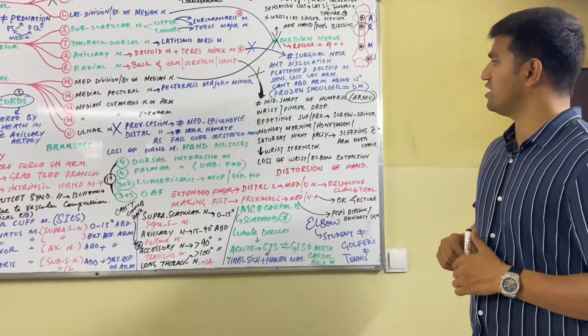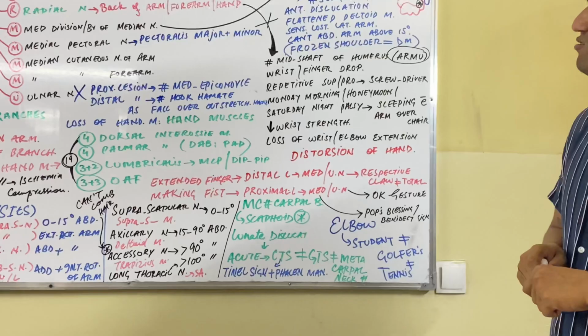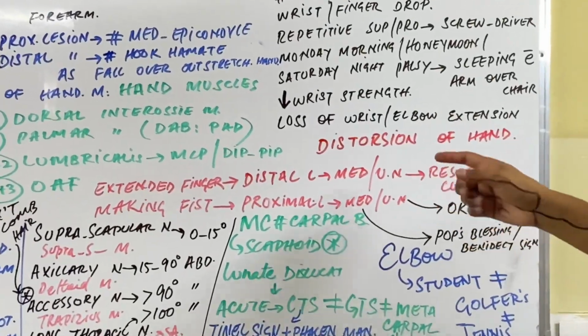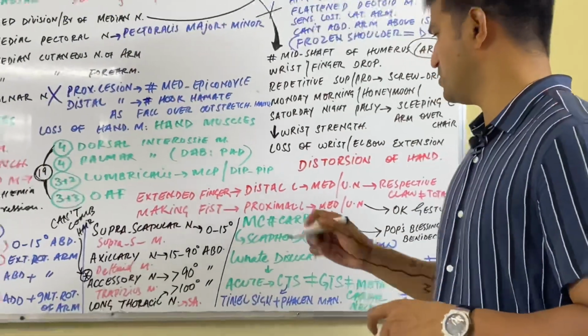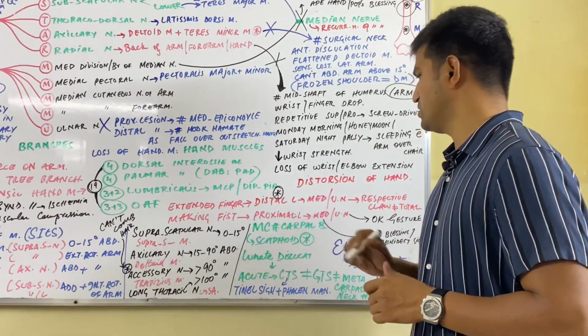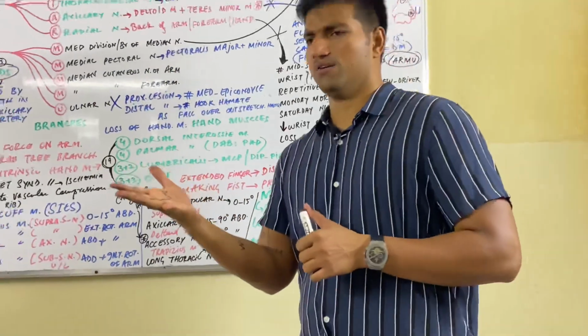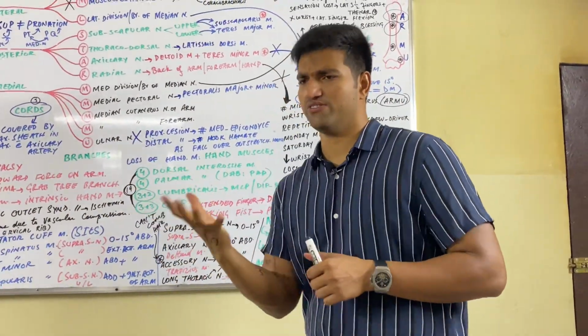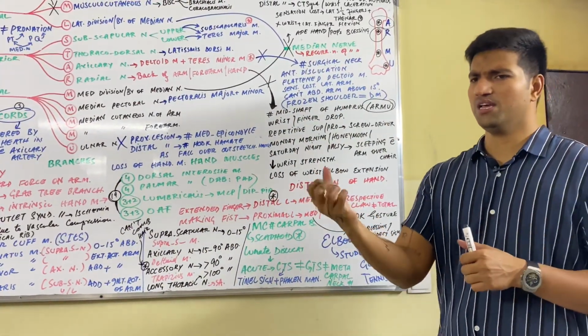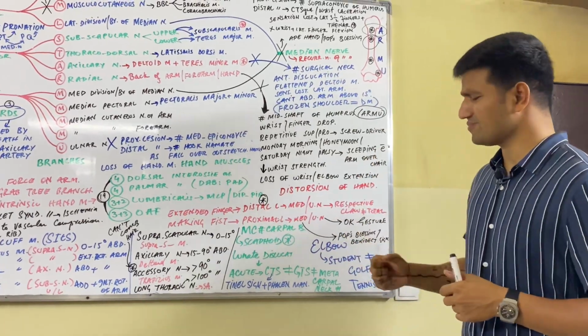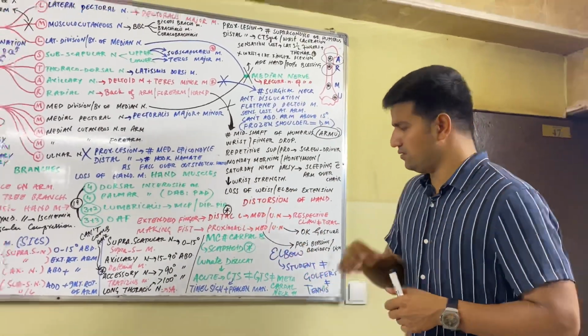And then we will talk about distortion of the hand, then other details. For the distortion of the hand, we talk about the distal lesion of the median and ulnar nerves. We tell the patient, please extend your fingers. If he extends his fingers normally, it is normal.